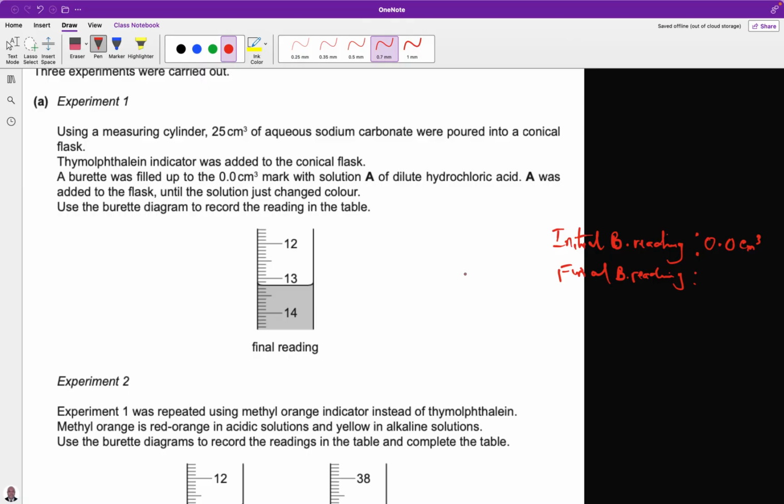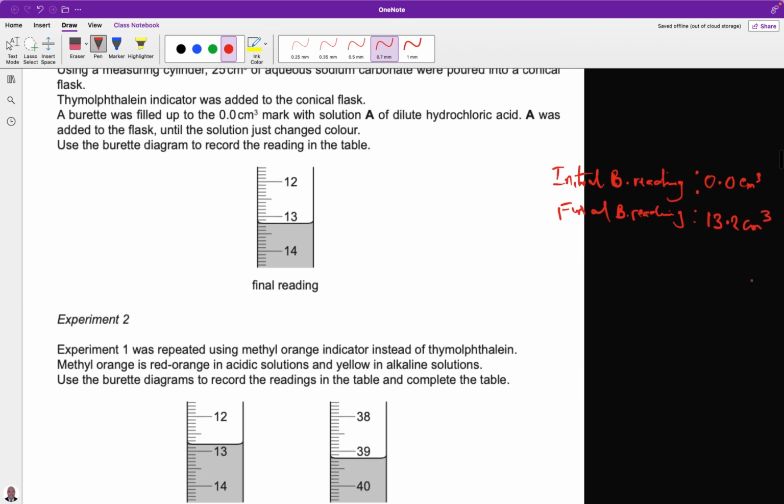It's a scale of 10. So now, from here, it is 13, 13.1, 13.2. So the final will be 13.2 cm3. Now, you will know the difference from there.